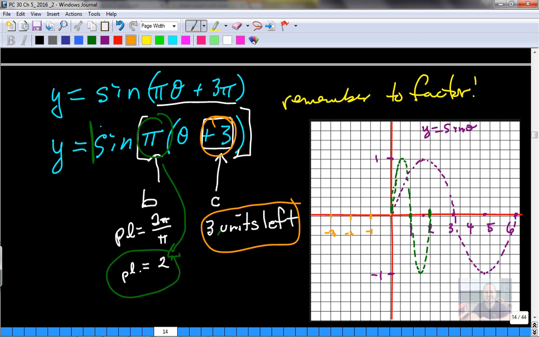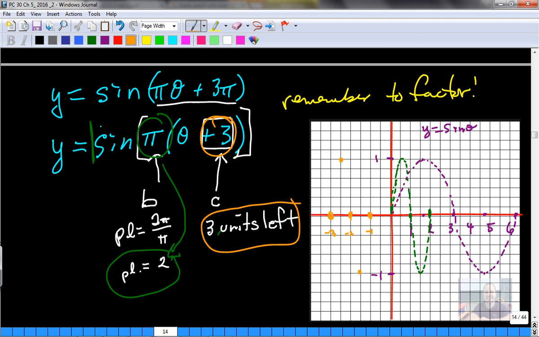So each point goes over 3 units. This one up here, which was at a half, goes over 3 units, so it's -2.5, same height. So everything goes over 3 units. 1 comes back to -2, and so on. 2 comes back to -1.